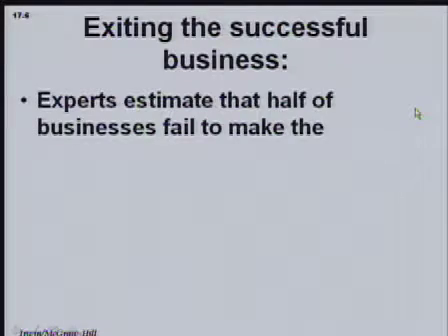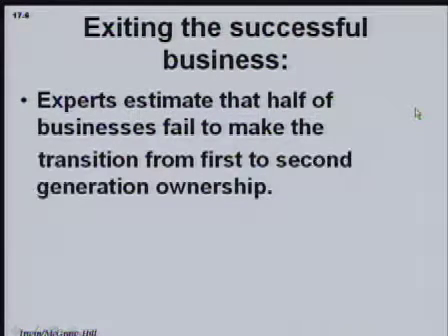Okay, enough of the negative side. Let's talk about getting out of the successful business or the harvest plan scenario. The textbook and a lot of experts point out that family-run businesses frequently don't make the transition from the founders to the next generation, to their kids.